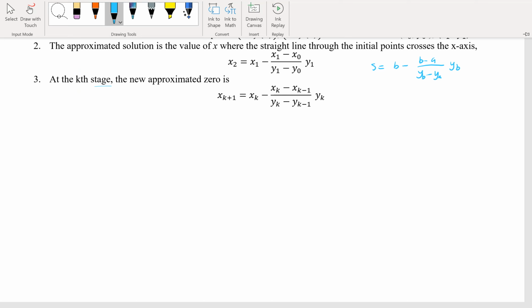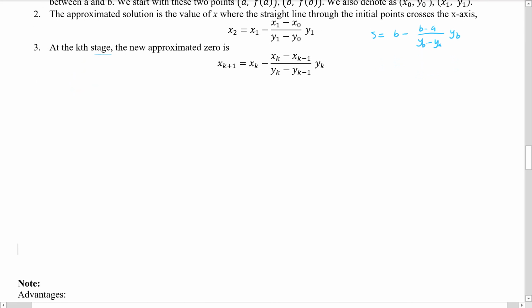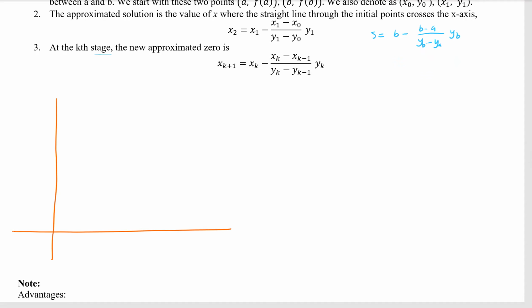So for the regular false position method, let me use the orange color. So this is the regular false position method. A is here, B is there, and let's say this is f of A, this is f of B. Let's say our f looks like this. So far so good, everybody.